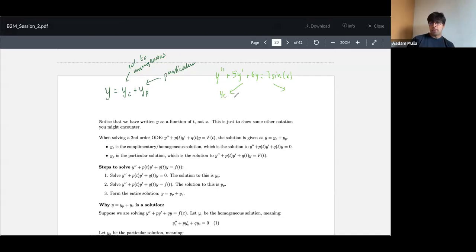How I'm going to solve for yc, the complementary solution, I'm going to turn this into a homogeneous equation. So I'm going to solve for y double prime plus 5y prime plus 6y equals 0. And I'm going to solve for yc this way. Then on the right side, I'm going to solve for yp by actually solving this differential equation. And we'll learn ways to do both of these steps. Okay, but I'm actually going to solve this, and I'm going to get yp.